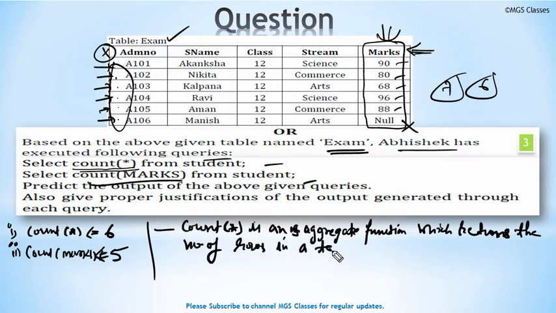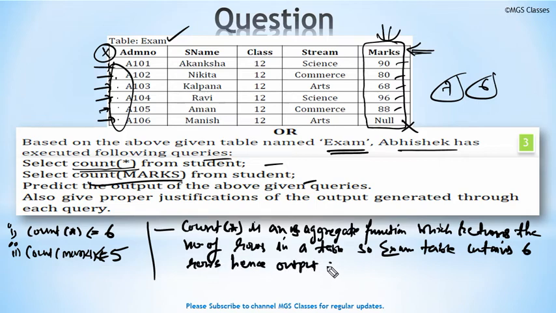So the exam table contains 6 rows, hence the output of count star is 6.